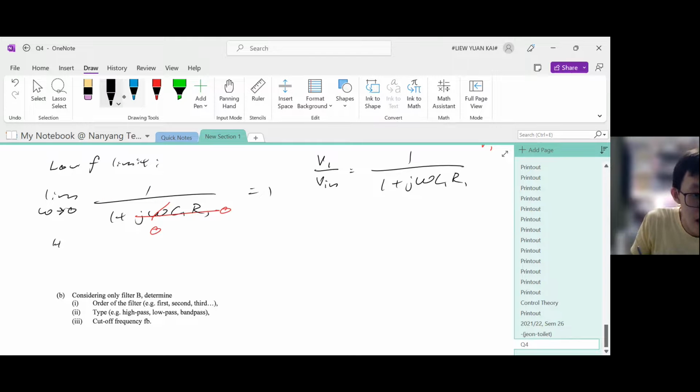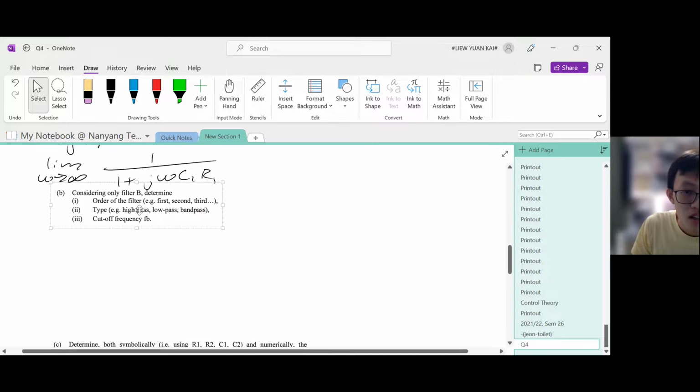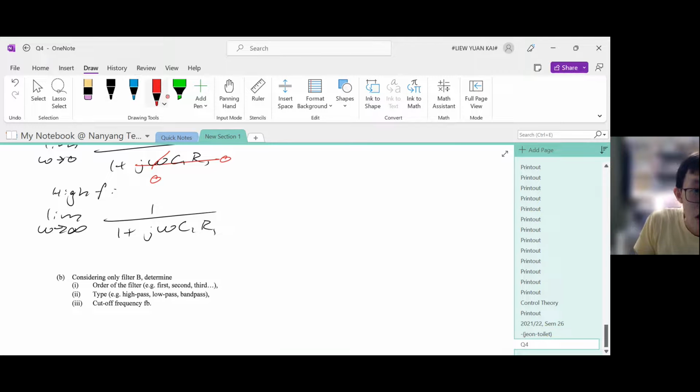Now let's take the high frequency limit, the limit as omega approaches infinity, because high frequency means it becomes bigger and bigger all the way to infinity. So 1 over 1 plus j omega C1 R1. As this approaches infinity, the whole denominator goes to infinity, right?